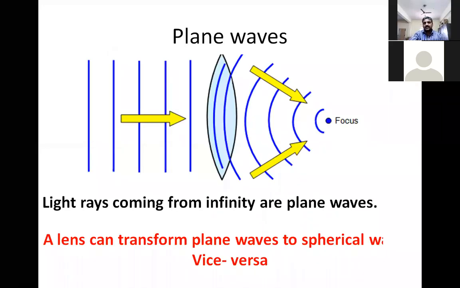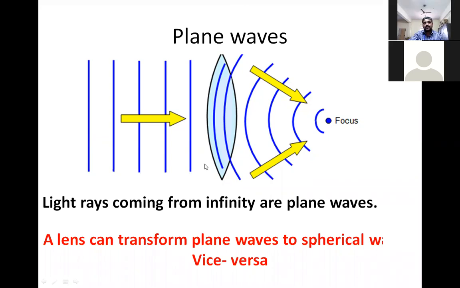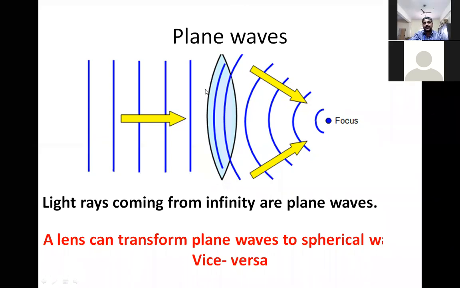You can see here a lens I have shown, a biconvex lens. In your earlier classes, you might have drawn light rays like this: marginal rays, the rays coming from the edge of the lens, as well as paraxial rays, the rays very close to the pole of the lens, that is the central portion of the lens. You always draw three lines.